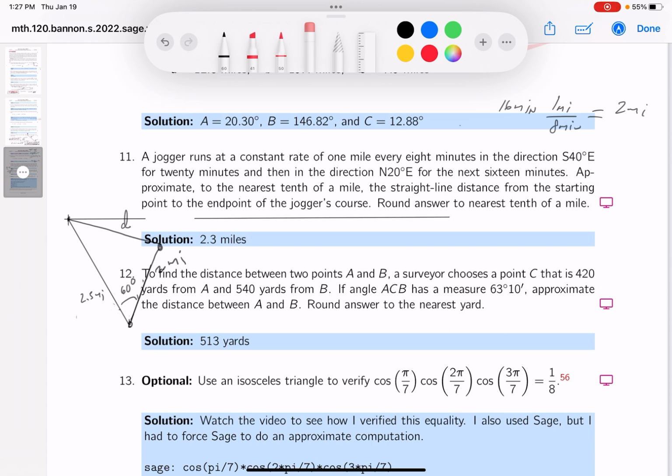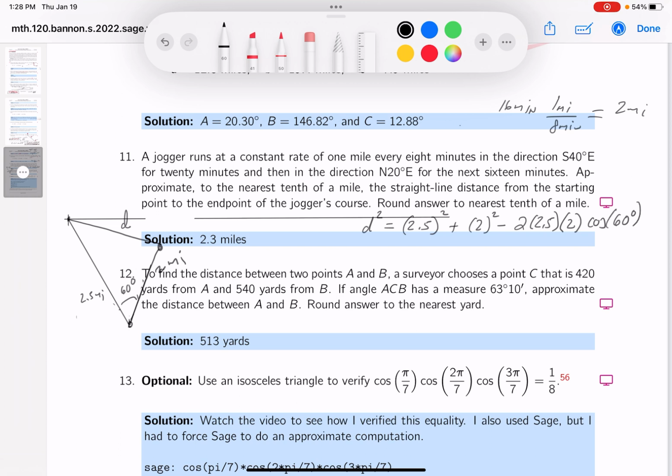Okay, so I'm going to use the law of cosines. I'm going to put D squared down, that's the distance I want. It is going to be 2.5 squared plus 2 squared minus 2 times 2.5 times 2 times the cosine of 60 degrees.